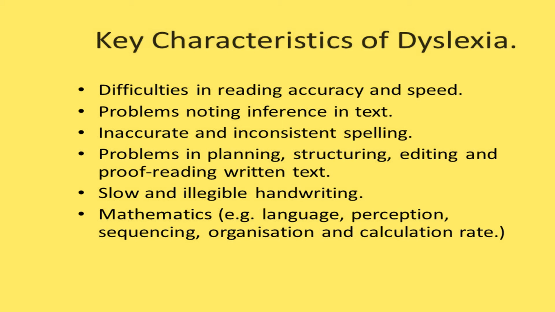Problems noting inference in text, inaccurate and inconsistent spelling, problems in planning, structuring, editing, and proofreading written text, slow and illegible handwriting, mathematics, for example, language perception, sequencing, organizing, and calculation rate.